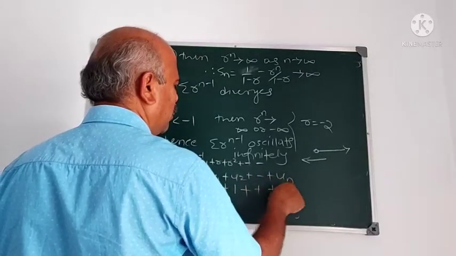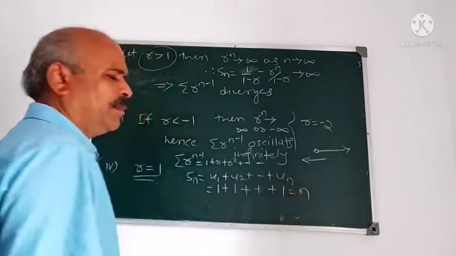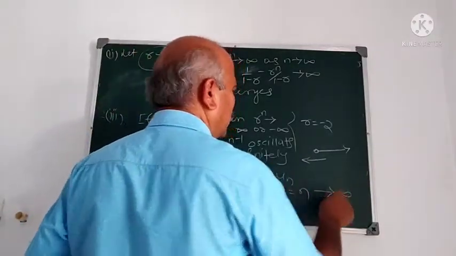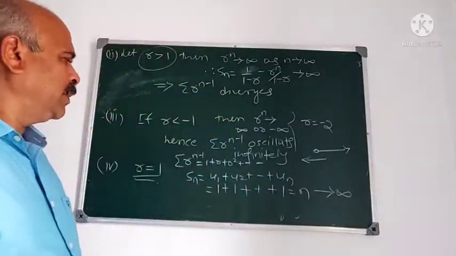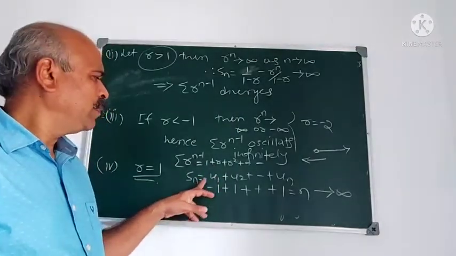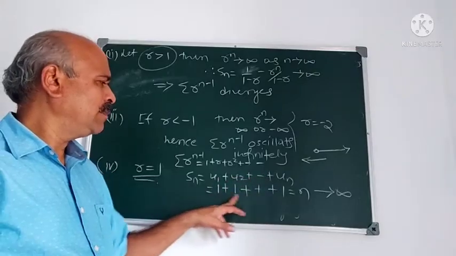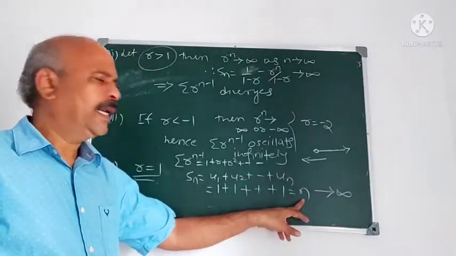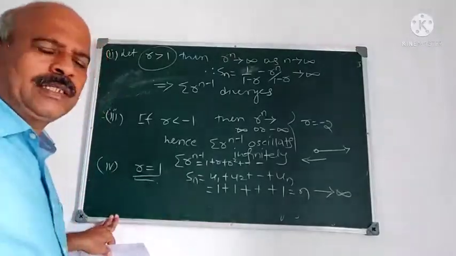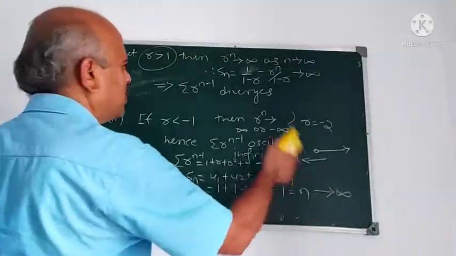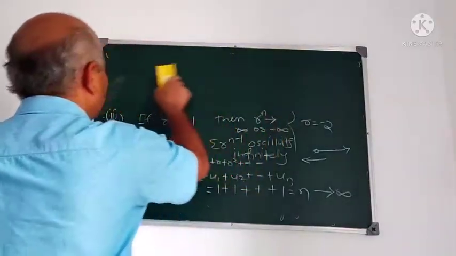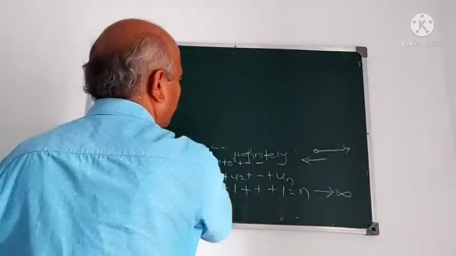So 1 plus 1 plus 1 gives n, and this tends to infinity. When r is 1, the sequence of partial sums u1 plus u2 up to un becomes n only, and it tends to infinity. So, the sequence of partial sums diverges to infinity. Hence, the series diverges to infinity if r is equal to 1.